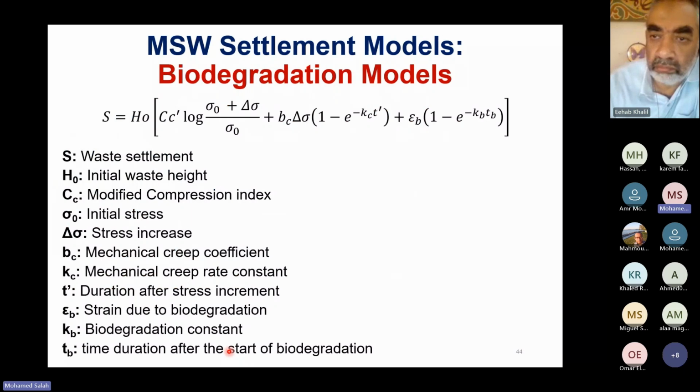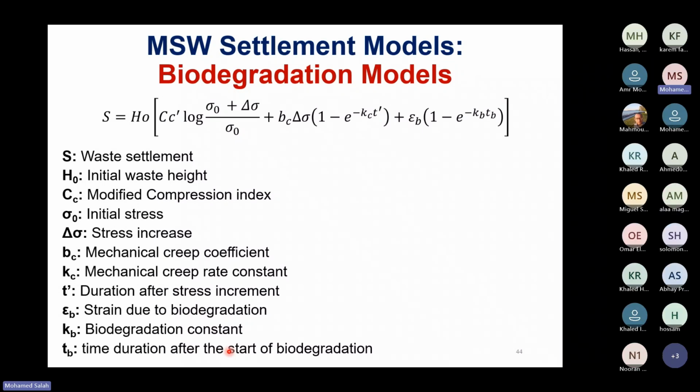The fourth type of municipal solid waste settlement models is biodegradation models. And here we have this equation as an example for biodegradation models. It says that the waste settlement equals the initial waste height times the modified compression index times the log of the stress.